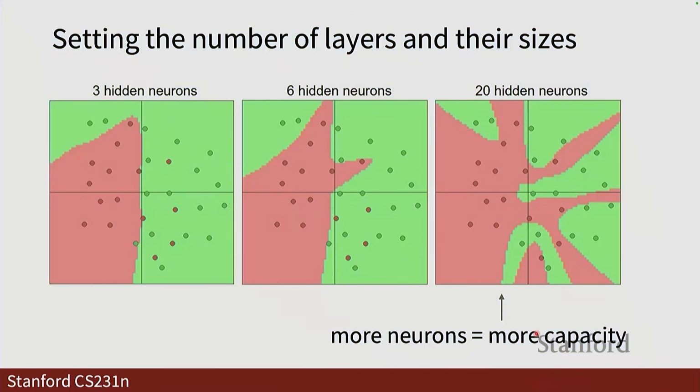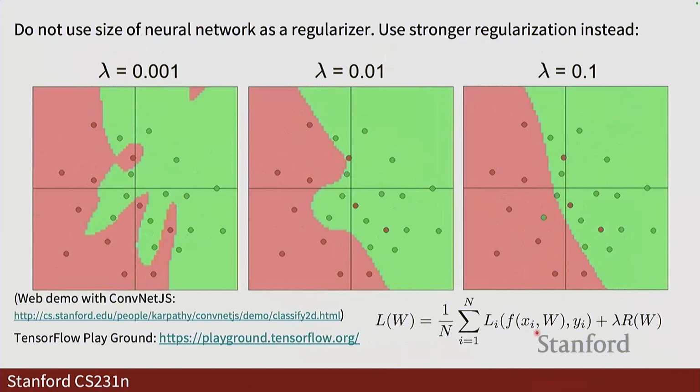So the same type of arguments happen here: if we give a lot of capacity to the network, then we will have some overfitting problems. We won't be able to generalize to unseen data, but there are many different solutions for this as well.